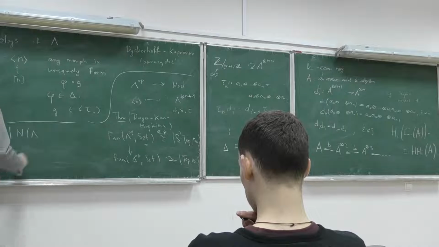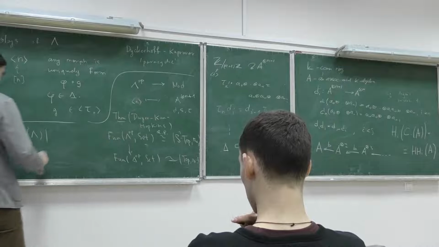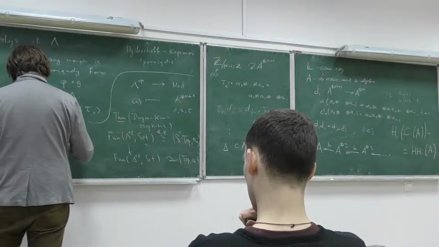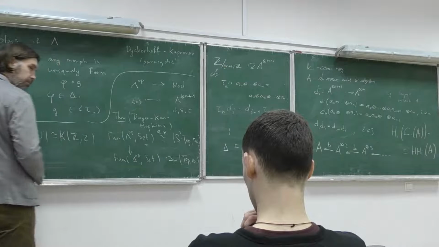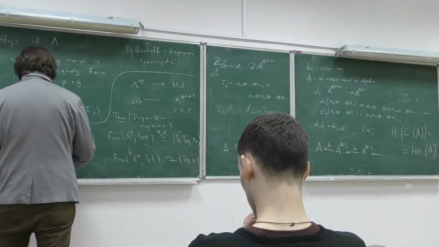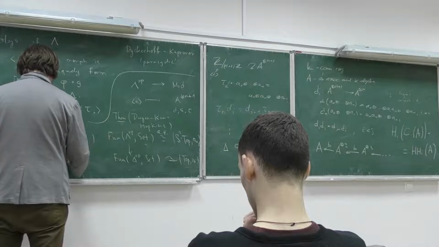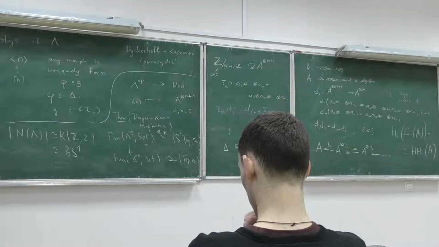Lambda and lambda op turn out to be equivalent, it doesn't matter much. So you can take the nerve, that's a simplicial set. You can take its geometric realization. And the calculation they do is that this is KZ2. So therefore it has the homotopy type of the classifying space of the circle.